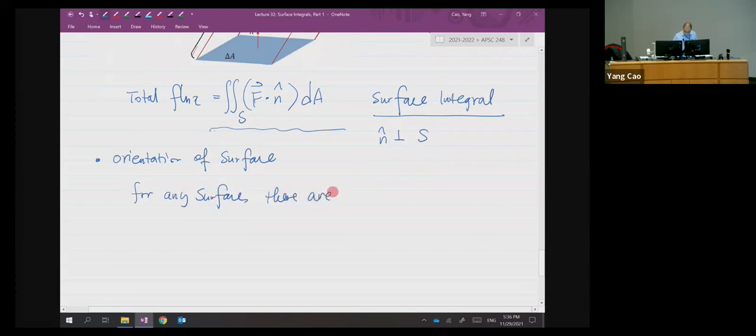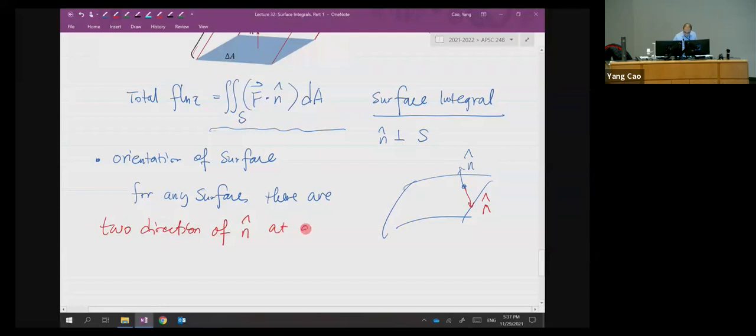For any surface, if you look at one location on the surface, you always have two directions of n hat. So you always have two vectors pointing in completely opposite directions, 180 degrees apart, perpendicular to the surface S. So for any surface, there are always two directions of n hat at a point.